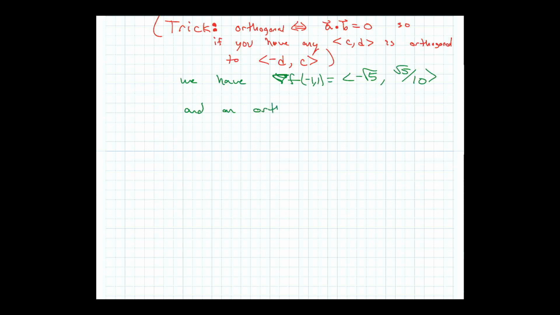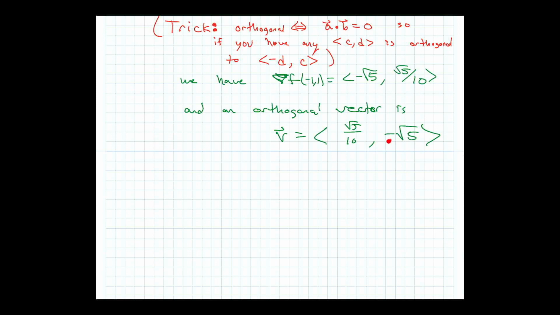An orthogonal vector is, I'll just call it v. We're just going to switch the components. So √5/10 first, and then -√5 for the second component. And then you have to make one of them opposite sign in order for it to be orthogonal.